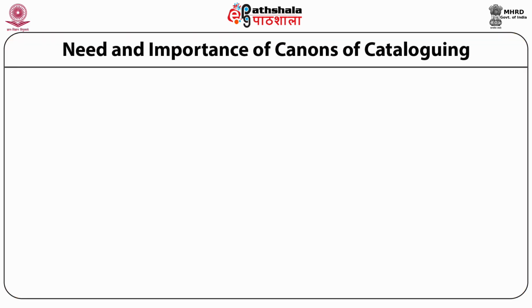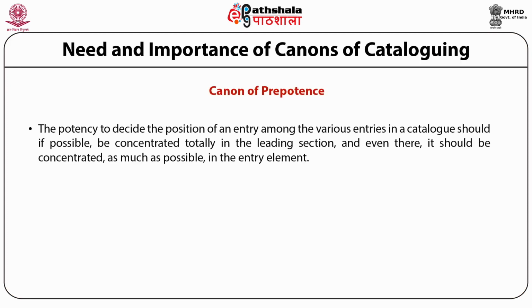The second canon is the Canon of Prepotence. The potency to decide the position of an entry among the various entries in a catalog should, if possible, be concentrated totally in the leading section, and even there it should be concentrated as much as possible in the entry element.